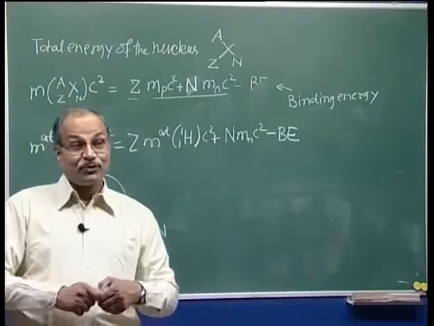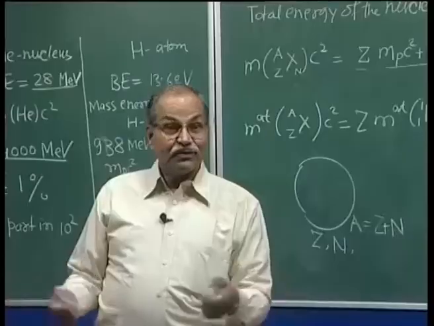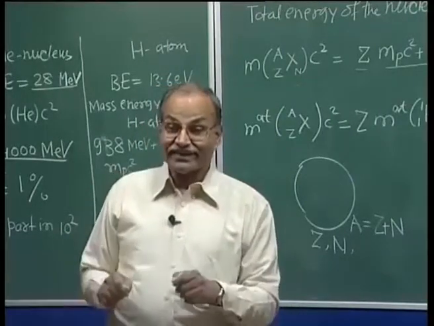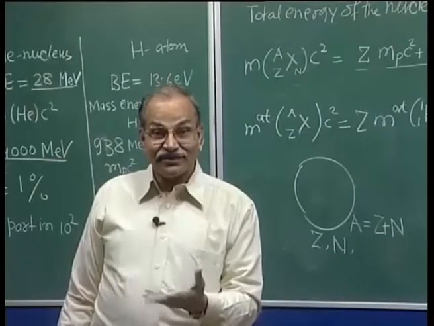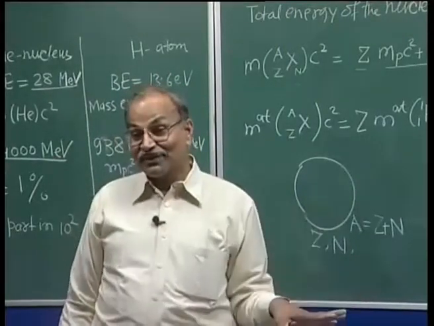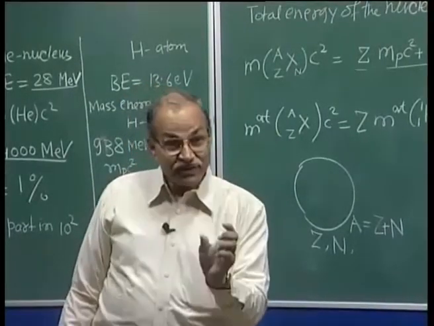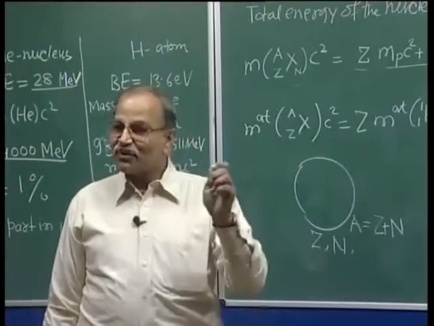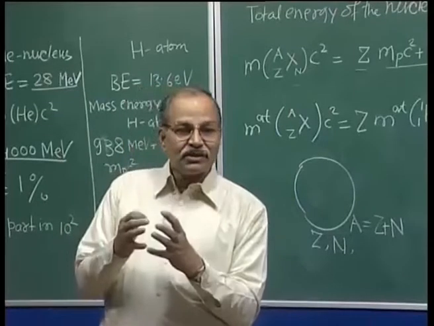The Coulomb force acts only between two protons: one neutron and one proton, no Coulomb force; two neutrons, no Coulomb force; two protons, yes. But the nuclear attractive force does not look at charge, charge is taken care of by Coulomb. Nuclear attractive force is between two protons, same as between two neutrons, same as between a proton and a neutron.